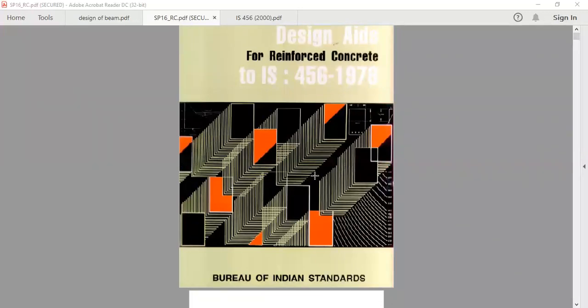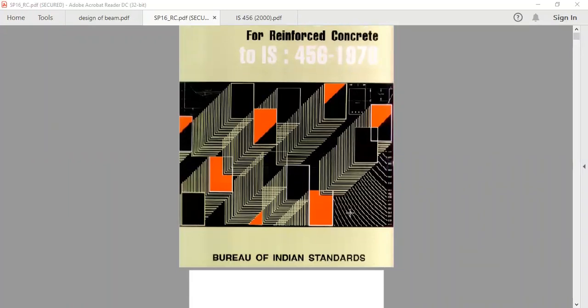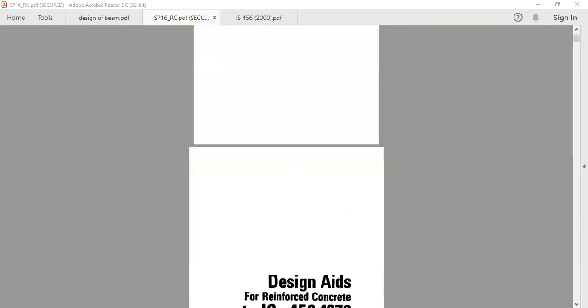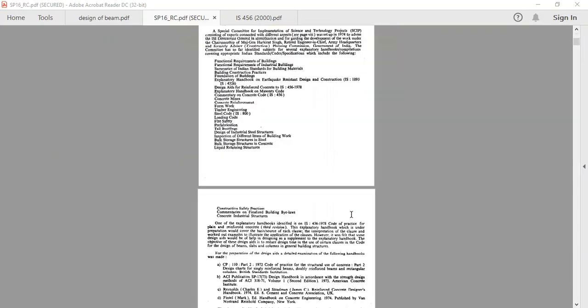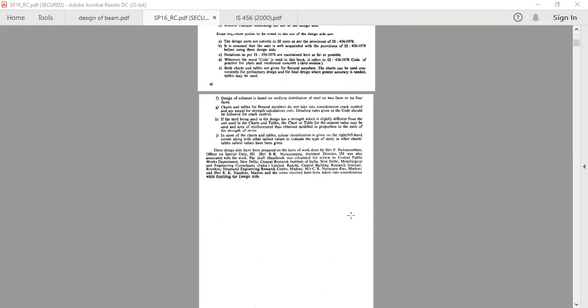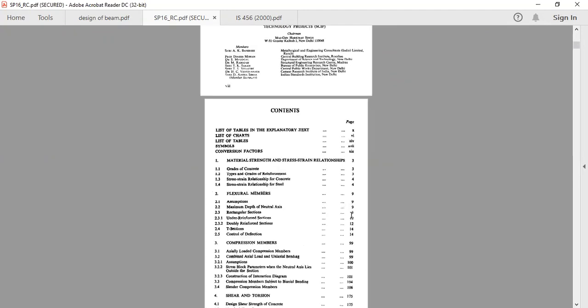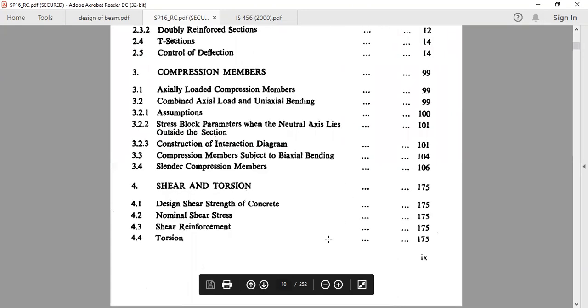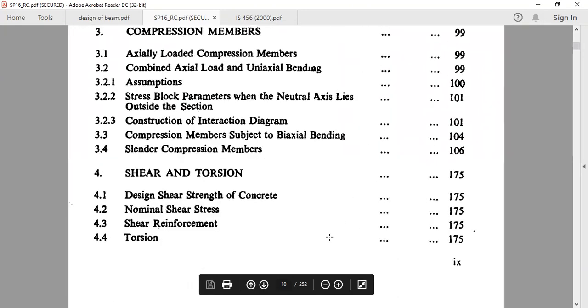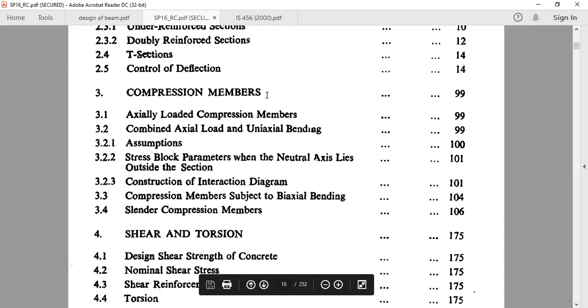There are special codes basically, and whatever contents we have seen, based on those contents, you will see the total design related to the flexure member, compression member, shear, and torsion.